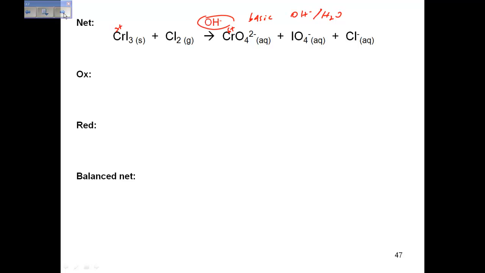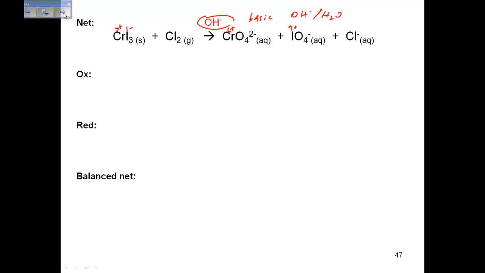But let's look at that iodine a little bit further. You get iodide, which is a -1. What is it on the other side, on the product side? Well, I got 4 oxygens at -2. That's -8. So your iodine minus 8 equals -1. That means it's a 7+.